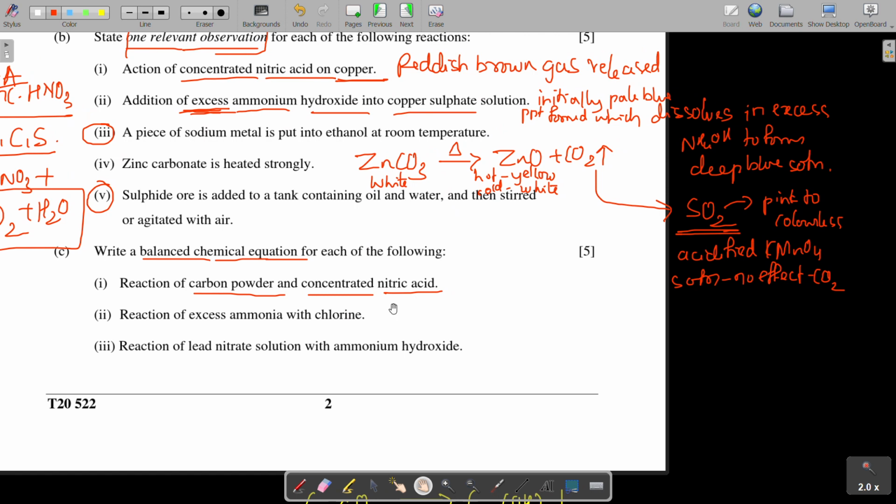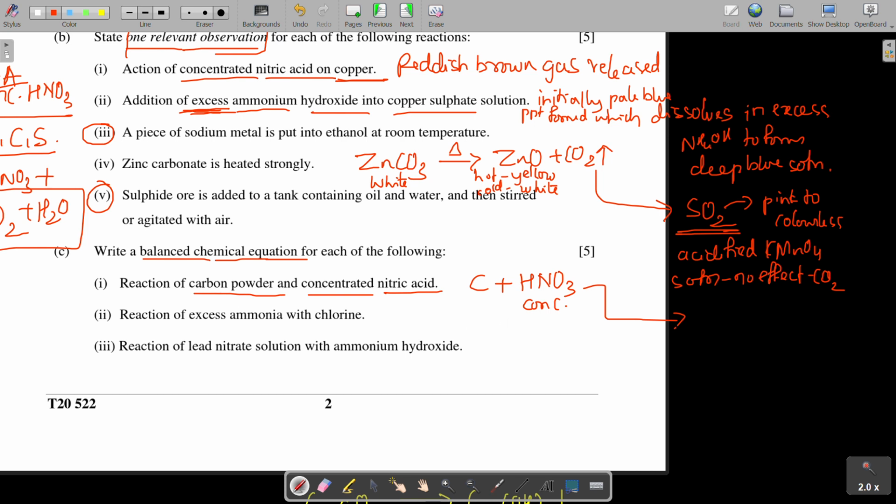So carbon is C plus concentrated nitric acid HNO3, and whenever you're writing the balanced chemical equation, always write whether it is concentrated or dilute. Many people lose marks for not writing this.